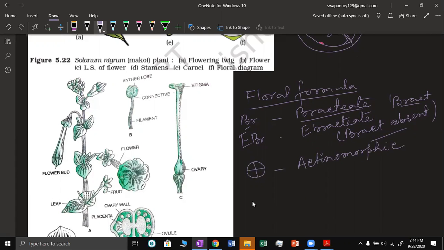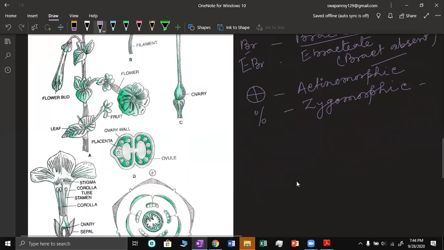Then zygomorphic is there. For the zygomorphic, this percentage sign is written. So a flower may be actinomorphic or zygomorphic.